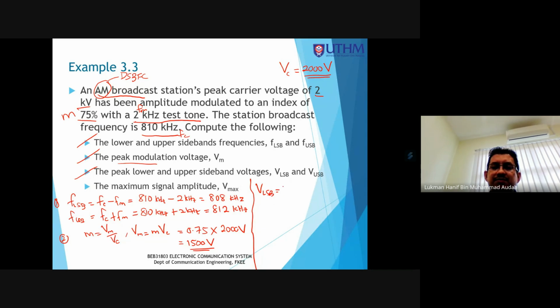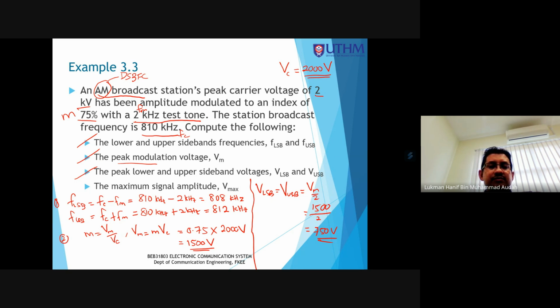So VLSB is equal to VUSB is equal to VM over 2. So that means this is 1500 divided by 2. So you get 750 volt. So easy, right?